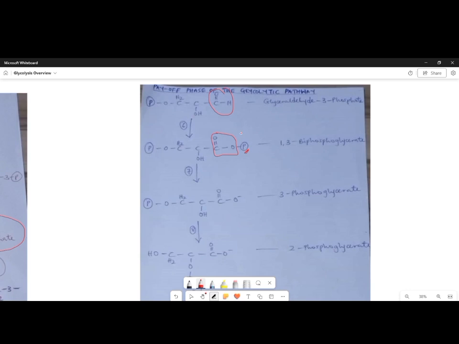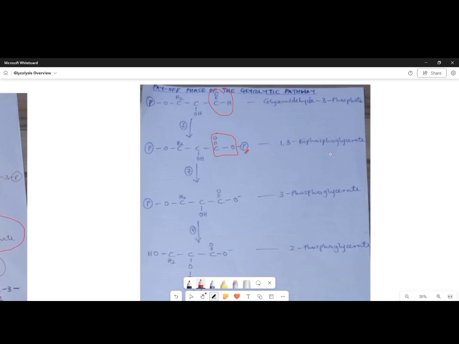So what you have is the phosphate group attached by the introduction of the phosphate at this aldehyde group, which gives you the conversion from glyceraldehyde 3-phosphate to 1,3-bisphosphoglycerate.